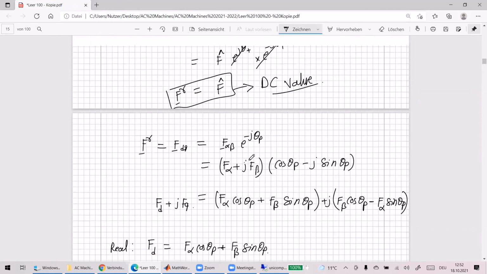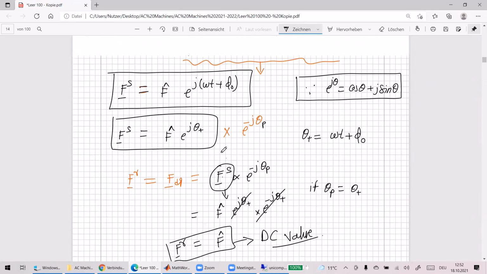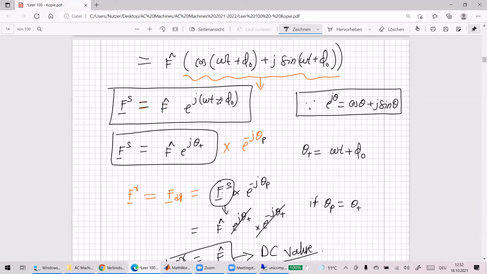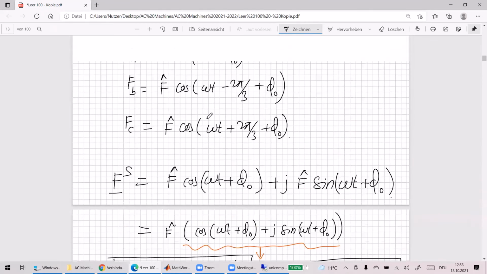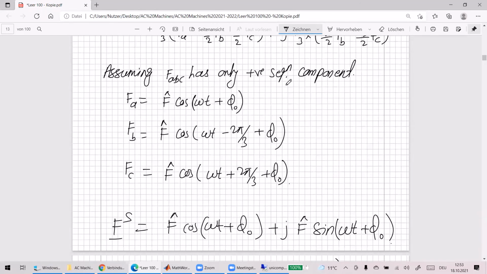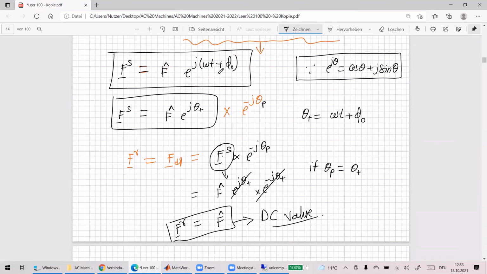I'll show you where it is. It's here, this one. But you should remember that this is only for positive sequence, okay? Because I assumed only positive sequence. So I'm just talking about positive sequence now. So this is for positive sequence, and we get this formula.